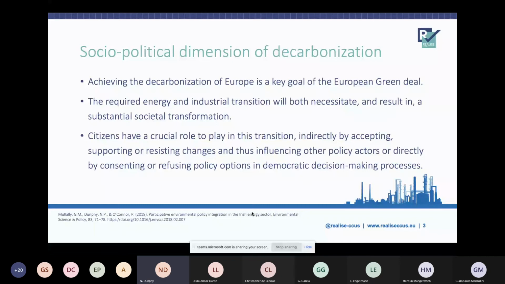And citizens have a crucial role to play in this transition, indirectly by accepting, supporting or resisting changes, and thereby influence other policy actors, or directly by giving their consent or refusing their consent to various policy options in democratic decision-making processes. So very often citizens are just perceived as a barrier. They're perceived as a group to be convinced, to be informed, to be educated. But in reality, they hold a lot of power in our democratic societies. That needs to be taken into account.